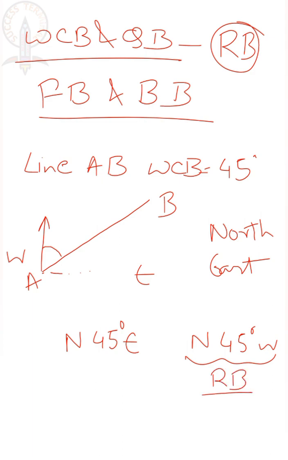Take magnetic north as it is mentioned here, north. Therefore 45 degree in the west side. See, here we are taking the angle in anti-clockwise direction. Why? Because we are measuring the line with respect to north or south.